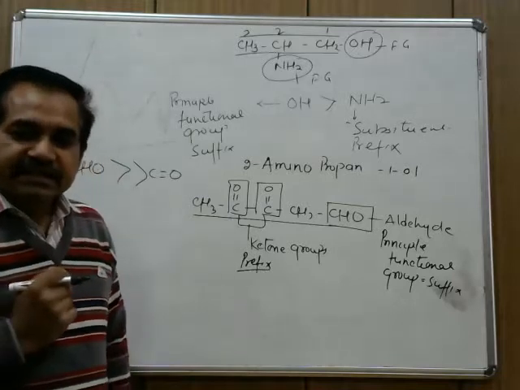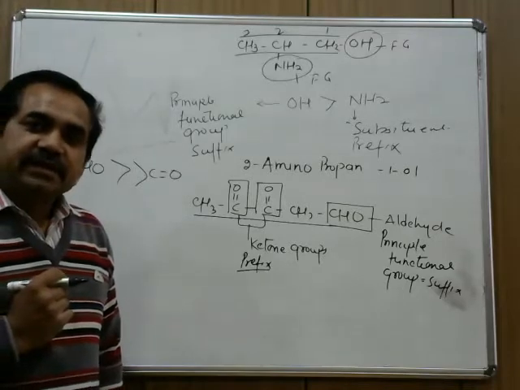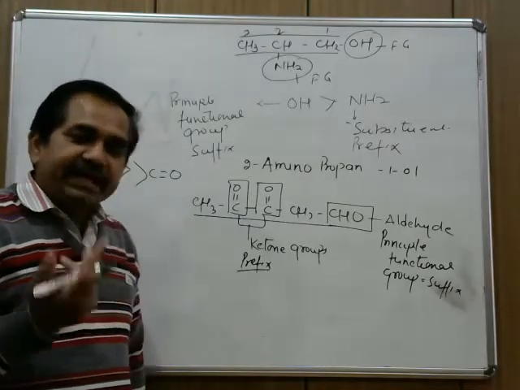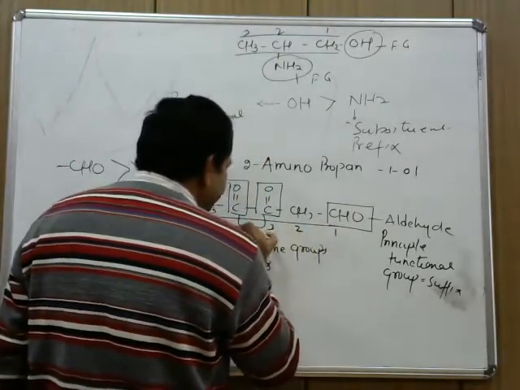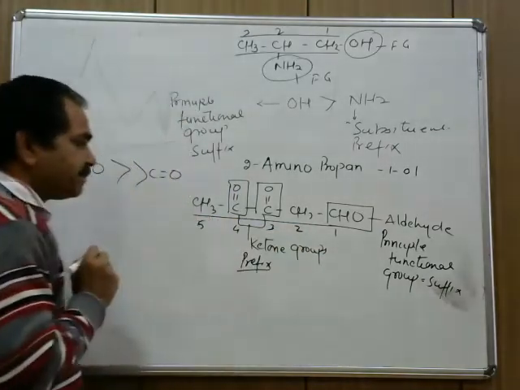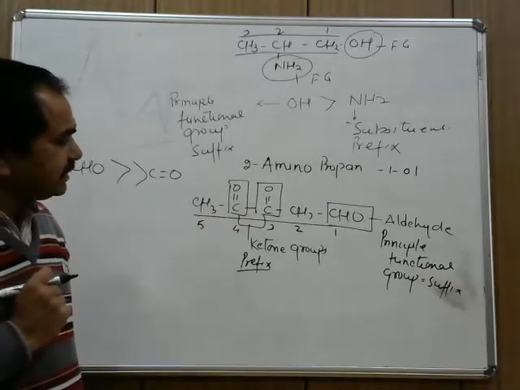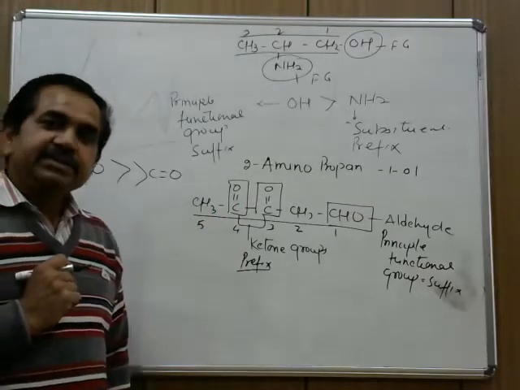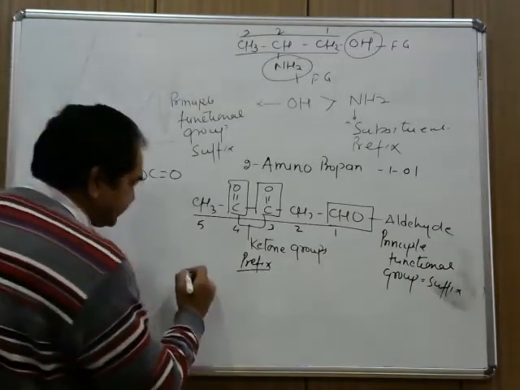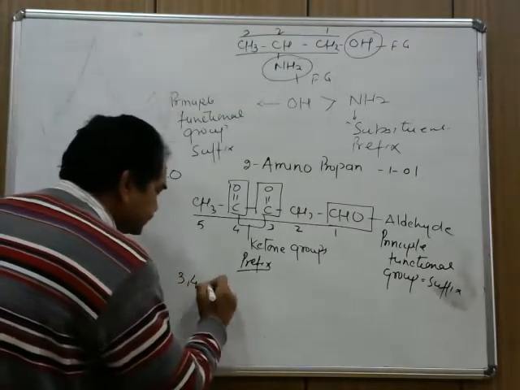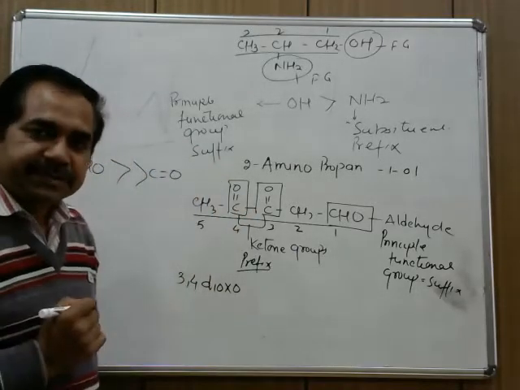Then once we are clear about the functional group and substituent, we can number it 1, 2, 3, 4, 5. So at 3 and 4 positions there are substituents, and if the CO group is used as a substituent, then the word oxo is written. So we write 3,4-dioxo, since 2 CO groups are present.